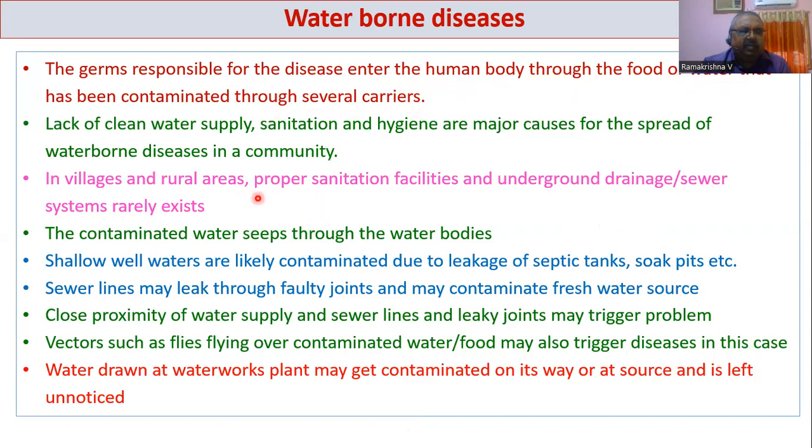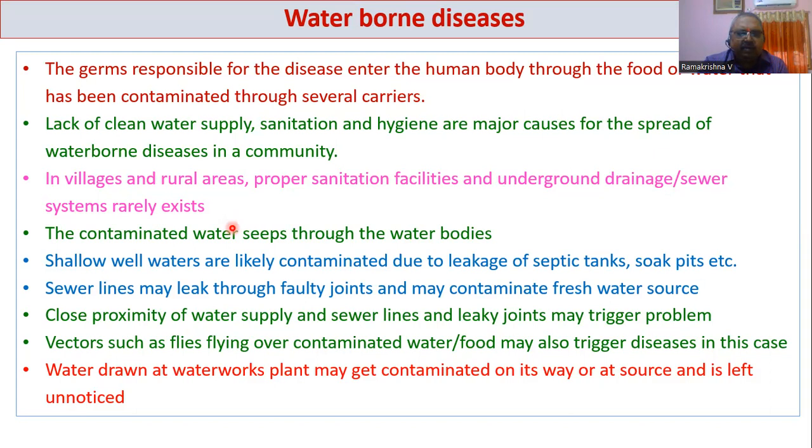In villages and rural areas, proper sanitation facilities, underground drainage, or sewer systems rarely exist. What we see when you go to a rural village is that there is no proper drainage system, and all the drainage water coming out from the houses spreads out on the roads. So there is going to be mosquito breeding and fly movement on that.